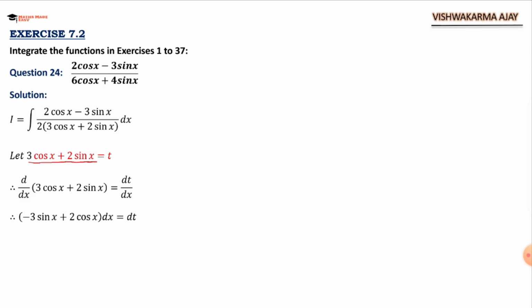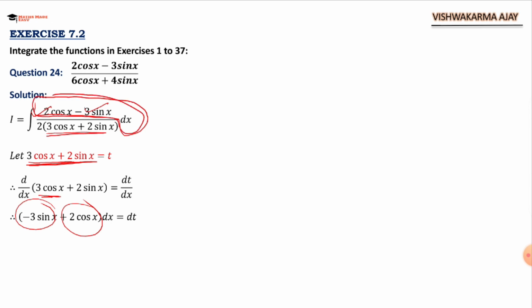3 cos x plus 2 sin x is equal to t. d upon dx of 3 cos x plus 2 sin x is equal to dt upon dx. Minus 3 sin x plus 2 cos x dx is equal to dt. Now you can compare it with our question. We have 2 cos x, and do we have minus 3 sin x? Yes, we have. So this whole part is dt, and this part is t as per our substitution.